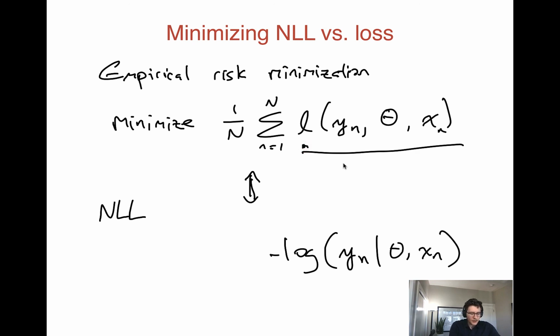Whoops, I just noticed we made a mistake here. That needs to be a P there. Once we do that, we get a probability distribution for y given the output of our model.